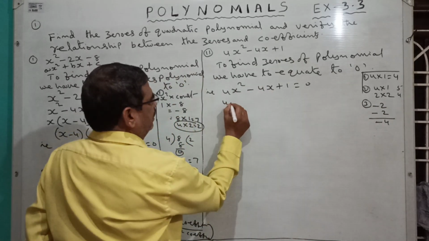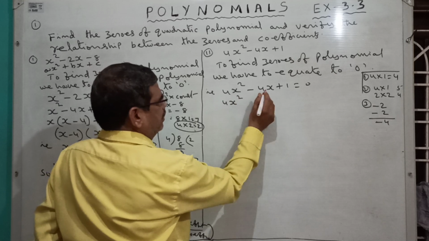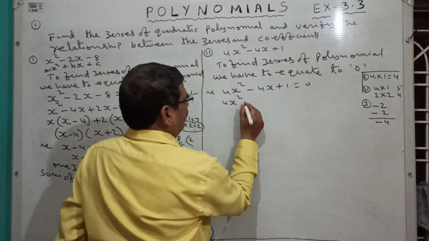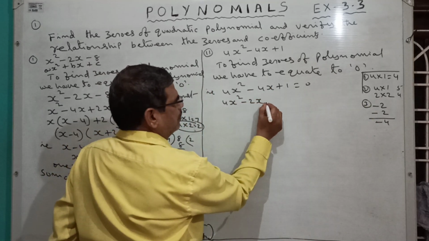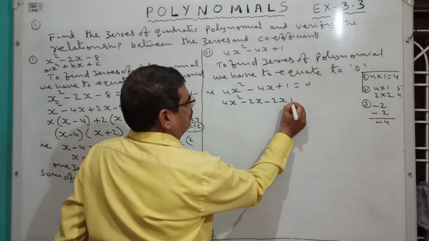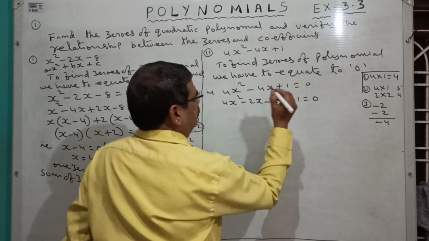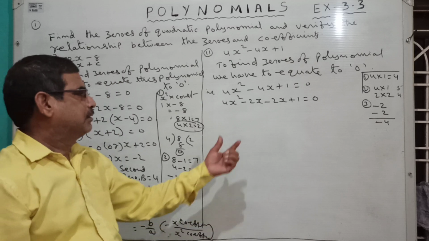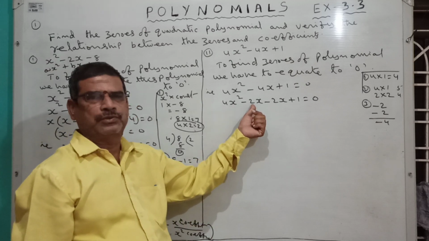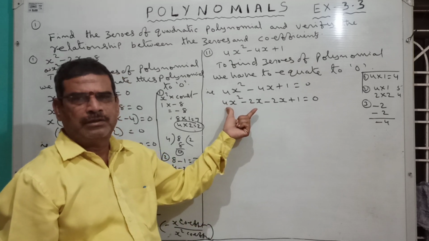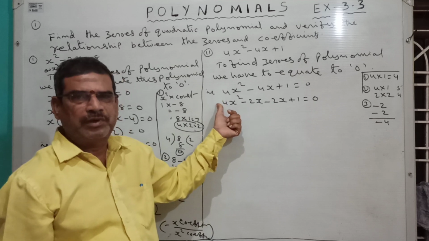In the next step I will write like this: 4x square, instead of writing minus 4x, minus 2x minus 2x plus 1 is equal to 0. So next step, here 4, here 2. Which number will come outside? In 4 and 2, the 2 table will go.